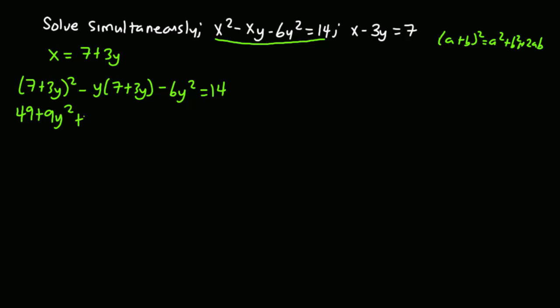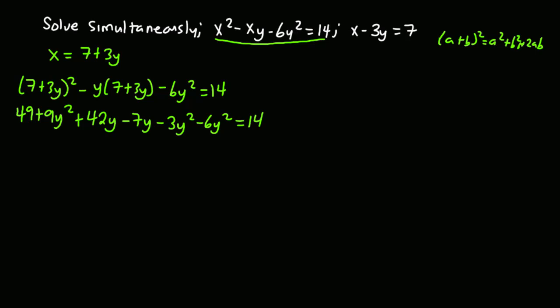Then plus 2 times the product of 7 and 3y, so this will give 42y. Minus, now we are expanding with y, so this will give 7y minus 3y squared, minus 6y squared is equal to 14.